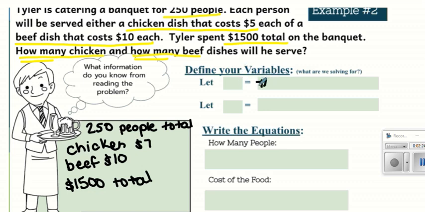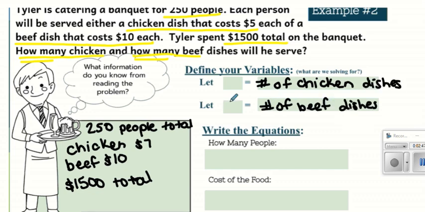Well, we just said we're solving for the number of chicken dishes and the number of beef dishes. And the variables that we are going to use could be anything, any letter in the alphabet. We could choose C and B for chicken and beef, but I like to use X and Y because it will help us in a few minutes when we go to use our calculator.